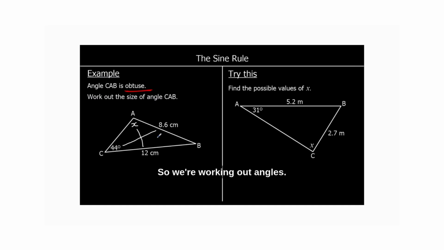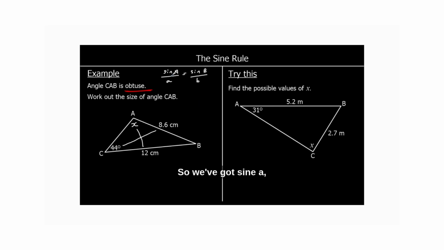So we're working out angles. We can use the sine rule for angles. So sine A over a equals sine B over b. Working out angles, we put the angles on top. The angles, the big letters, the capital letters, always go with the sine.